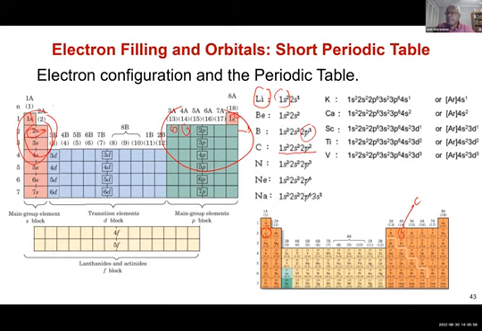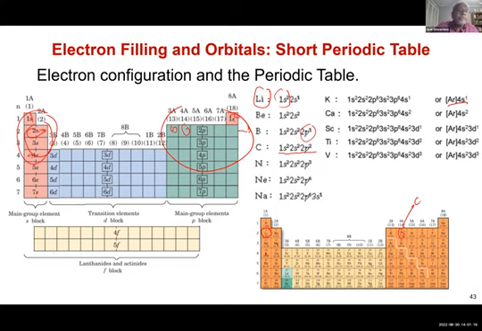So there's also what we call the noble gas format of electron configuration. For example, potassium, right here. Potassium is right there.